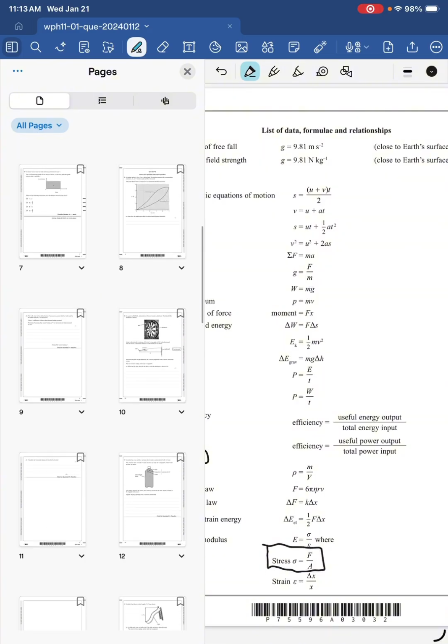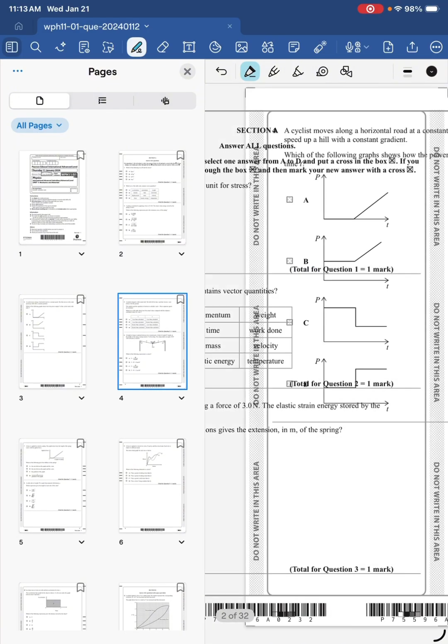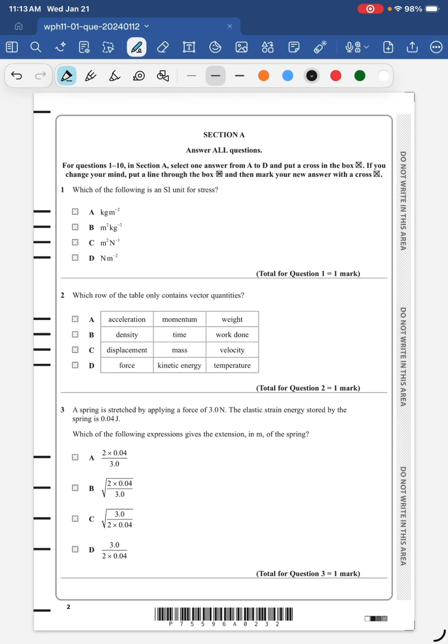So stress is force per area, which is the same as pressure, but pressure is a different kind of thing. The units for force are newtons, and I use square brackets for units. The units for an area is meter squared, but newtons are not fundamental.